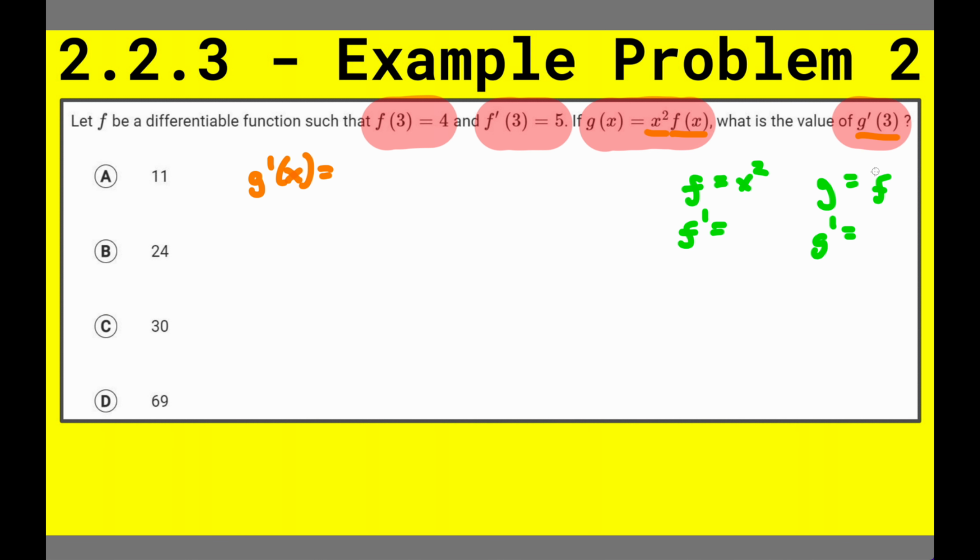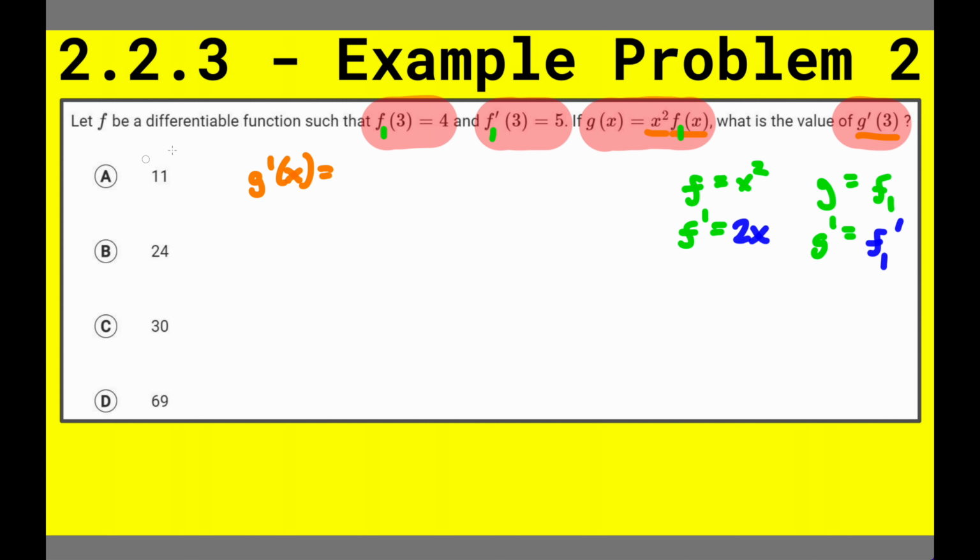But just know that this f right here is not equal to this f here. So to kind of change that up, I'm just going to say this is f1, and I'll put a little 1 here, here, and here, so we can tell the f from the f1, f sub 1. All right, f prime is 2x, and then g prime is f1, f sub 1, the derivative. So f sub 1, and we're going to do the derivative of that.